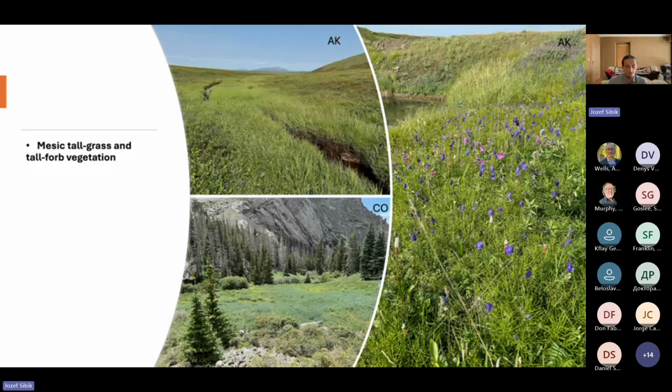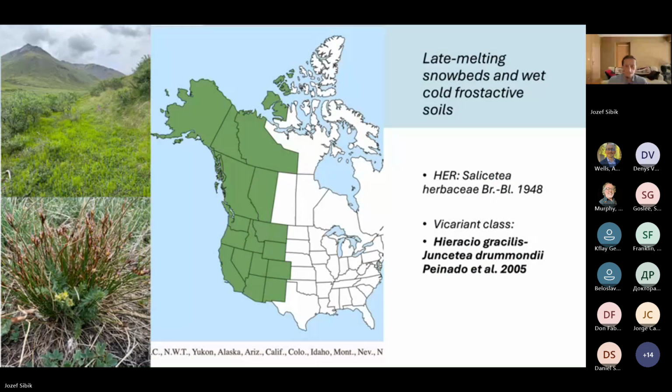And another example, snowbed communities, usually classified within Salicetea herbaceae. However, there is another syntaxon, a class described from North America by Peinado in 2005, Hieracio gracilis-Juncetea drummondii.